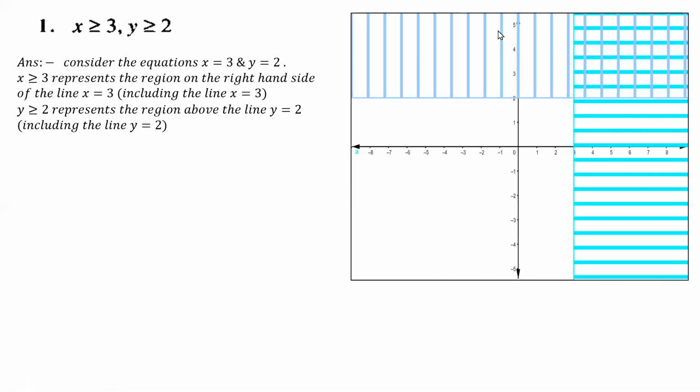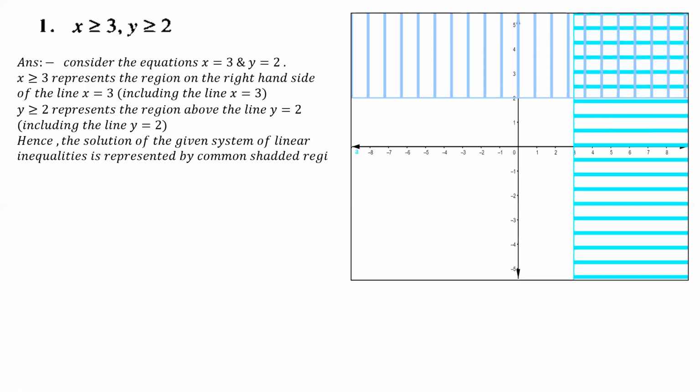Now look here, you can find two different shades for two different inequalities. Now their common region is this. So this common region is the solution for the given system of linear inequalities. You can write that the solution of the given system of linear inequalities is represented by the common shaded region.